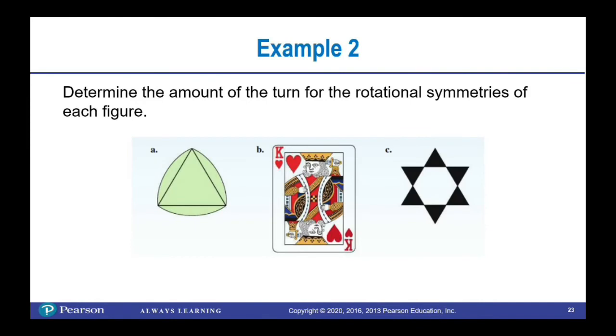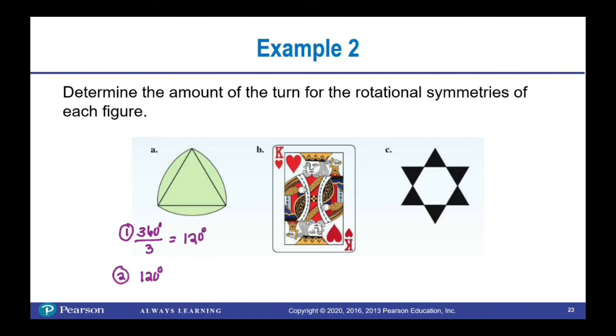In example 2, we are asked to determine the amount of turn for the rotational symmetries of each figure. Look at part A. Again, typically, although not always, we can count the number of vertices. This figure seems to be the same at each of the vertices. So 360 degrees divided by 3 gives us 120 degrees.